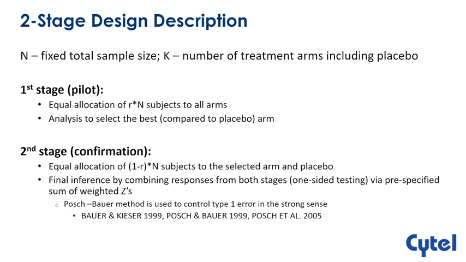And then at the second stage, the remainder of subjects are equally allocated to the selected arms and placebo. And the final inference is made combining the results from both stages via pre-specified sum of weighted Z's. And this weighted Z methodology controls type 1 error in the strong sense.